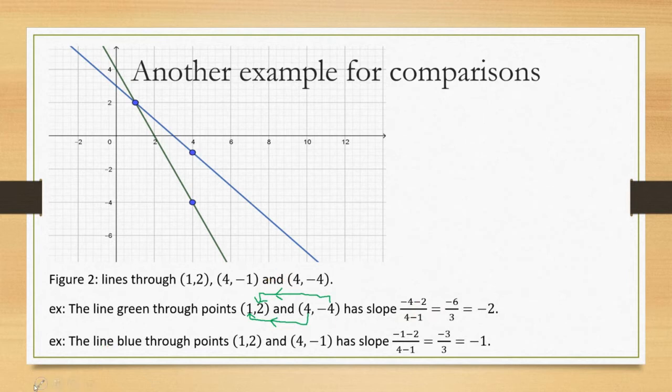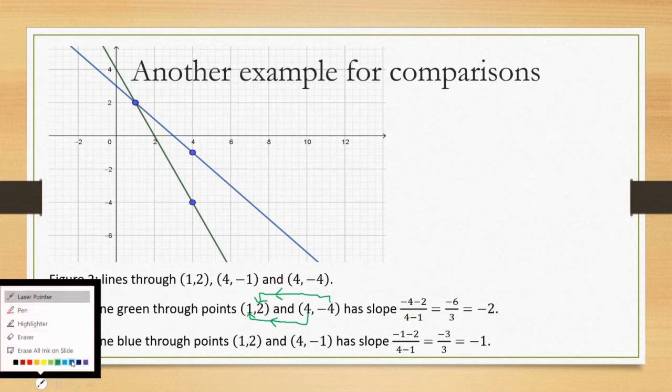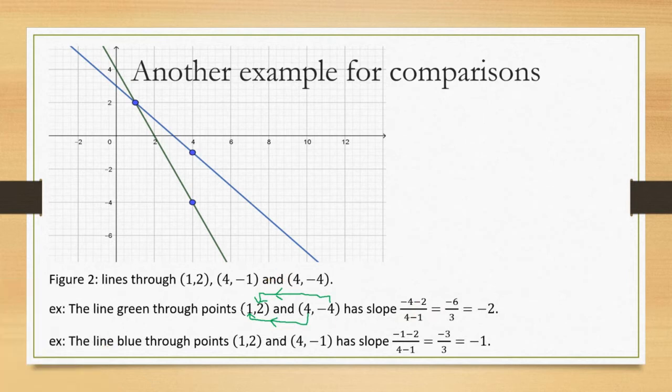All right, well, what about the blue line? Well, let's take a look. For the blue line, that's passing through points 1, 2, 4, negative 1. So let's do the calculation. For the slope, negative 1 minus 2. We must divide by the corresponding change in x.